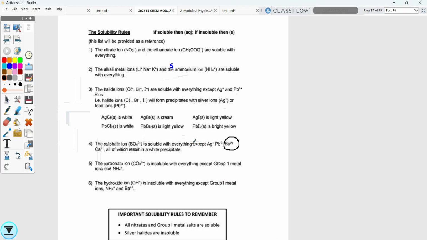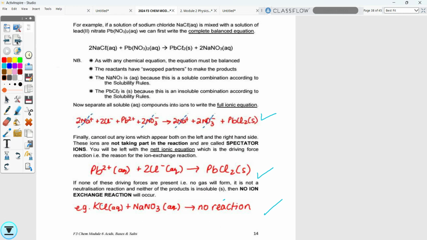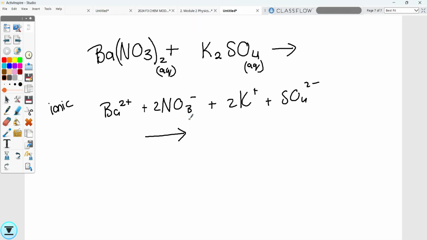Okay. Ba would drag down what? An SO4. Okay. We'll drag down an SO4. What else would it drag down? An OH. Ba would drag down an OH. So is there something there in our reaction for the Ba to drag down?